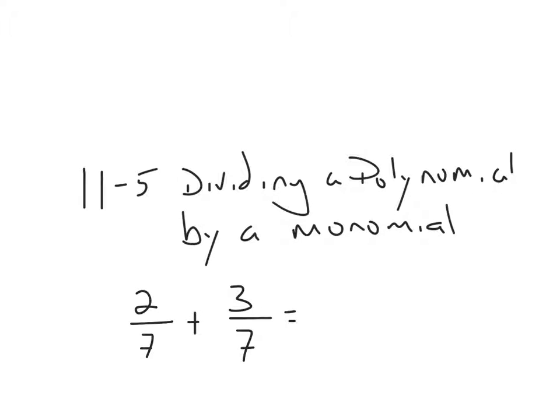Now, there's a step in the middle that you never, ever do because it's pointless. But we're going to put it in today, just so you can see something. So, we do know, of course, that the answer is 5/7. But in the middle, you have 2 plus 3 over 7.